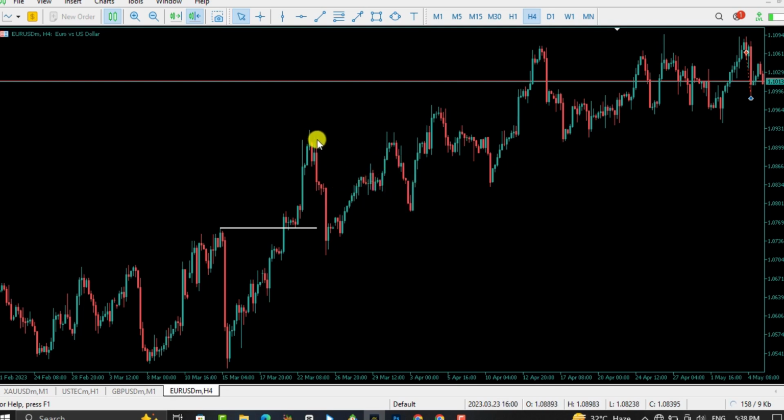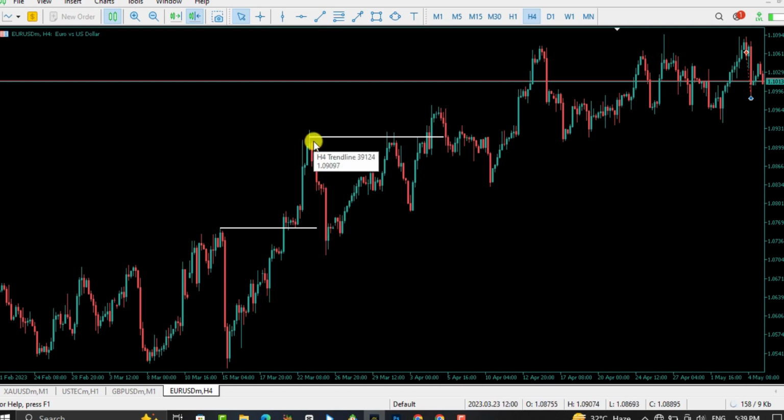Okay, this is a structure that formed over here. This couldn't break it, but it got broken over here. So we can equally have another break of structure, another BOS, formed right over here. This break of structure confirms the low that has formed over here.